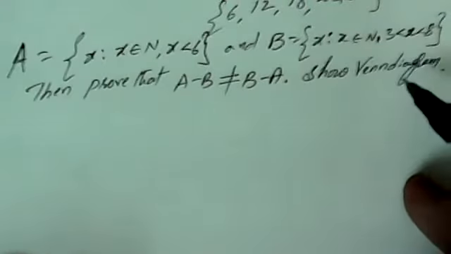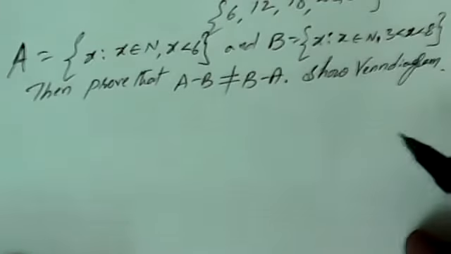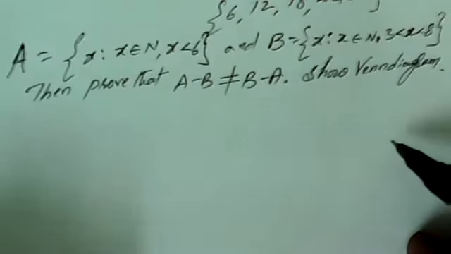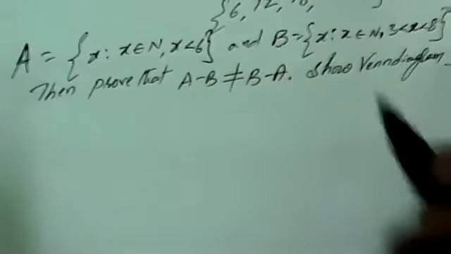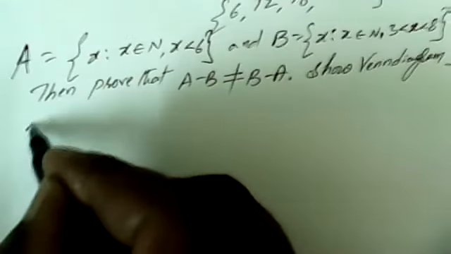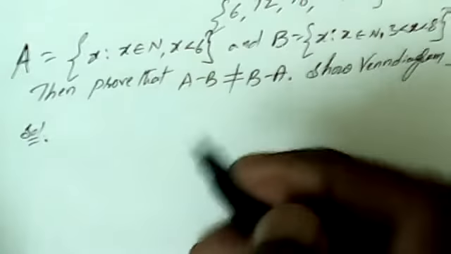That means x lies between 3 and 8. Then prove that A minus B is not equal to B minus A. Show the Venn diagram. So first we prove and then show the Venn diagram. So let us solve this. These are for 2 marks.